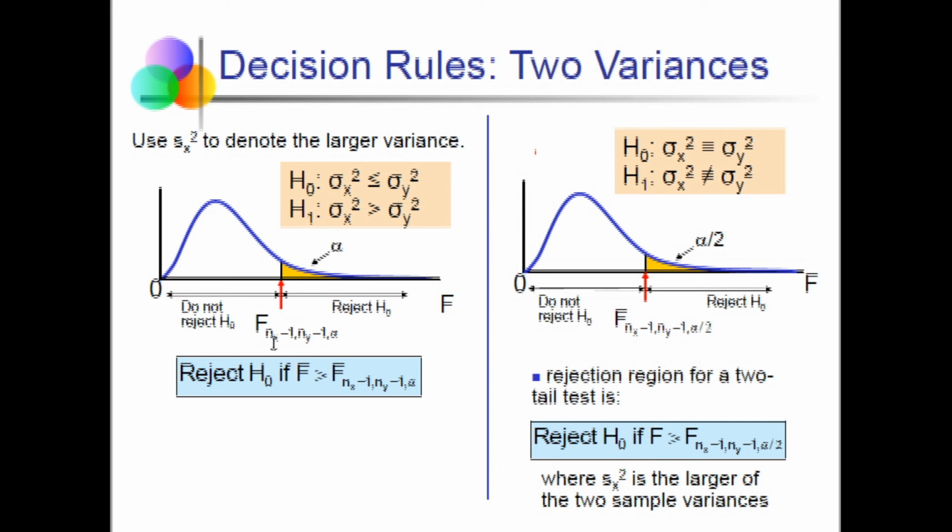And if we have a two-tailed test, then we're going to divide the alpha by 2. Reject H naught if the test statistic is greater than that critical value.